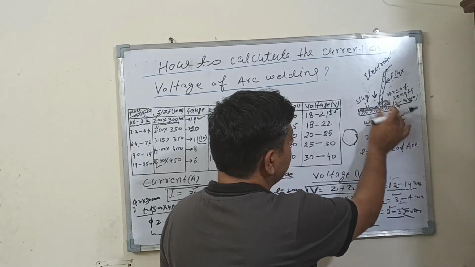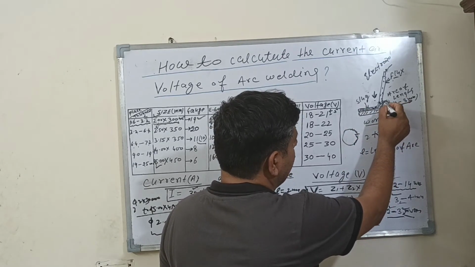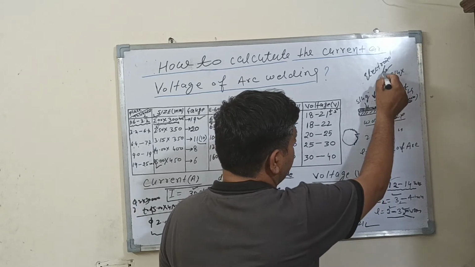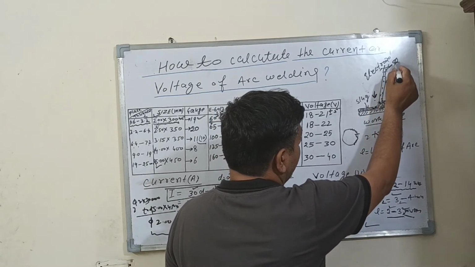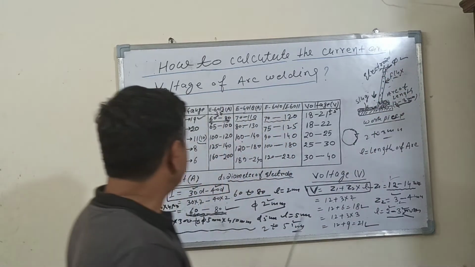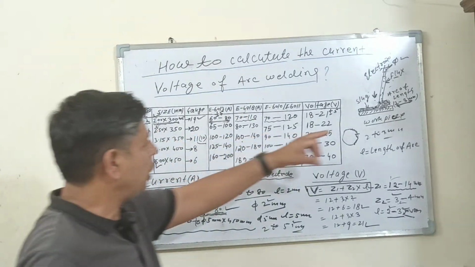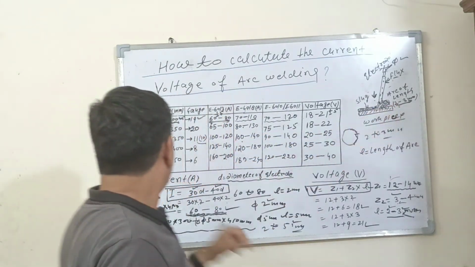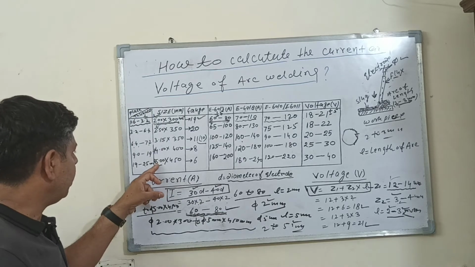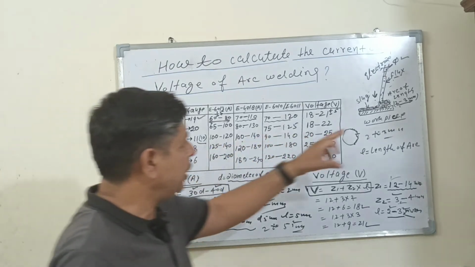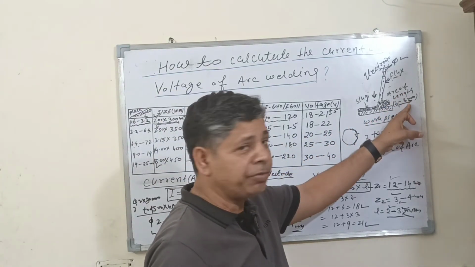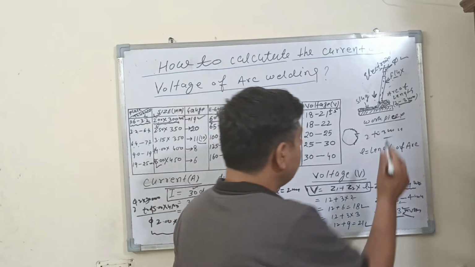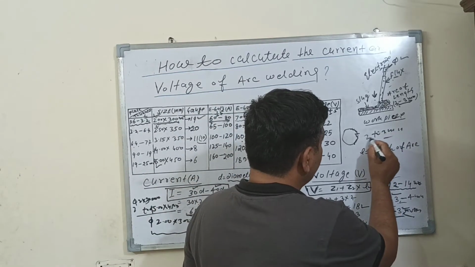This is the length of arc. It generally depends upon the diameter of the electrode. If you use an electrode of diameter 2, then you will take the length of arc as 2. If you use an electrode of diameter 5, then you will take the arc length as 5. So the arc length varies from 2 to 5 mm.